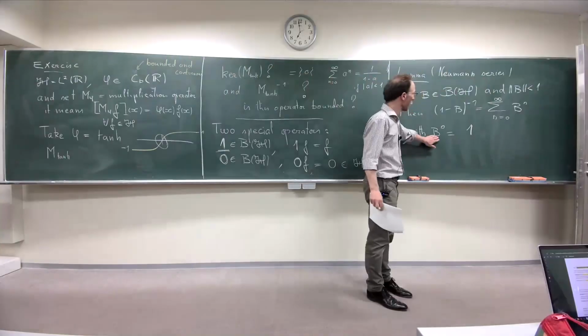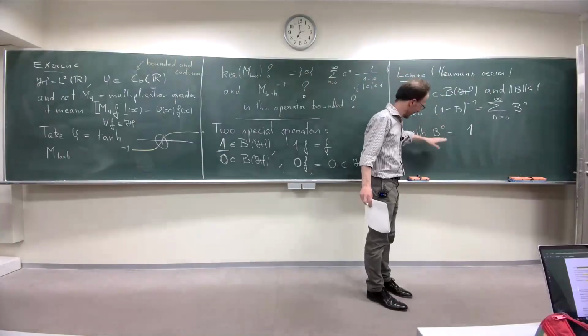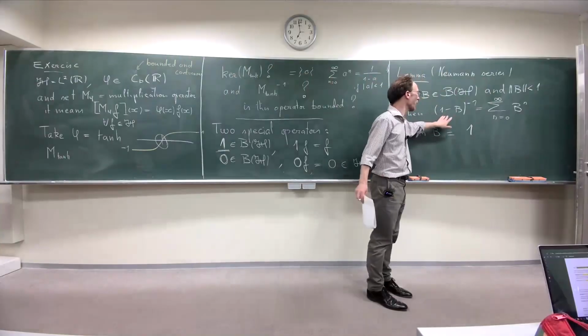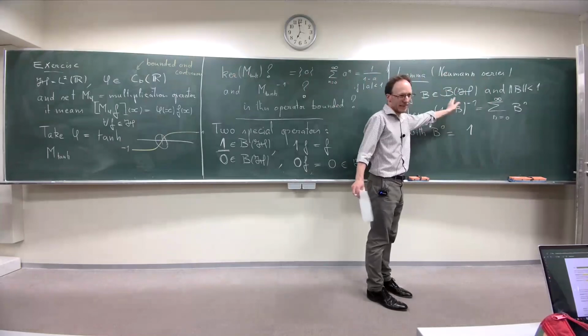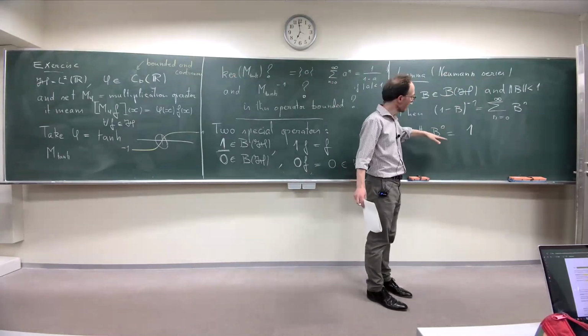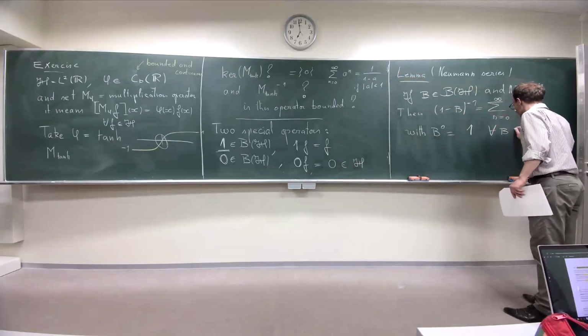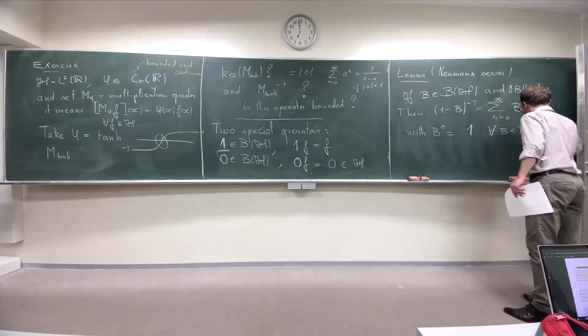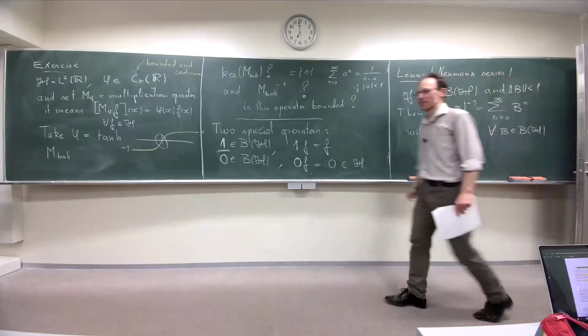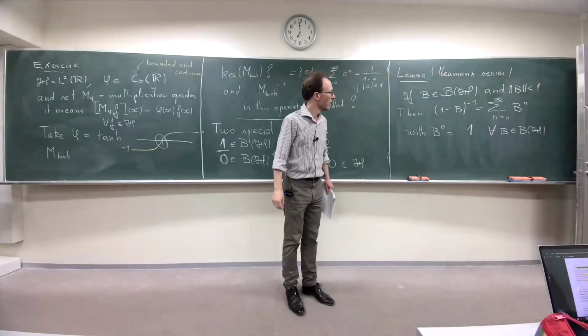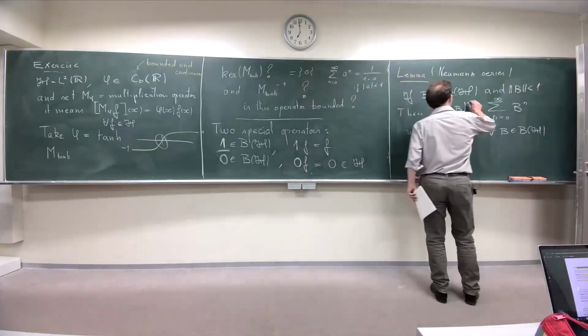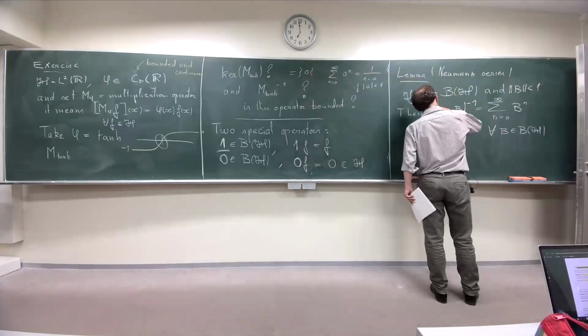If B is 0, okay, if B is 0, you have 1 minus 0, it's 1. So I need this convention for any B, even for the 0, otherwise I have a problem. That number, 1 minus B to the power minus 1, sorry, the inverse.